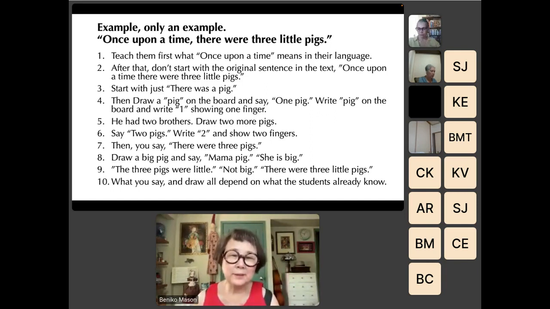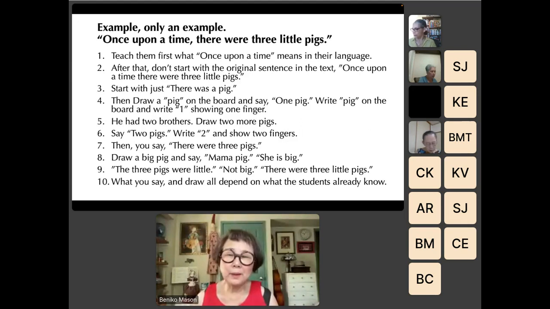Then I say there were three pigs, and draw a big pig and say, Mama Pig, she is big. And I write down Mama Pig under the pig's picture, and then I write down big. And then I say the three pigs were little, not big.